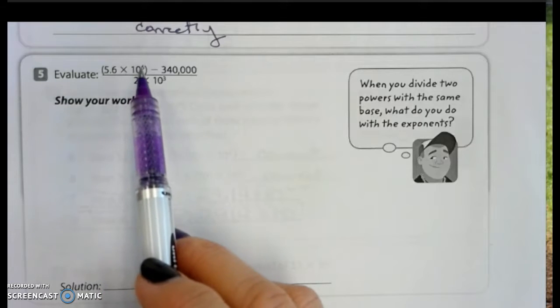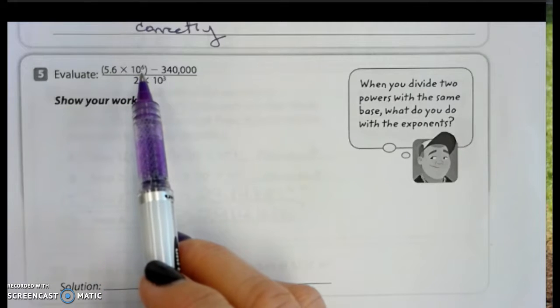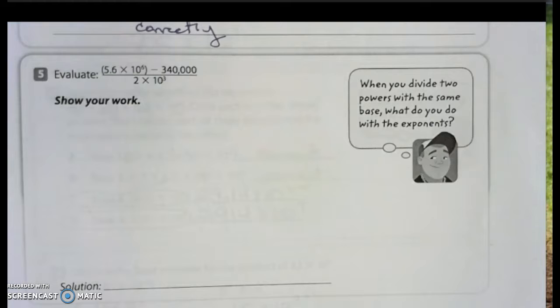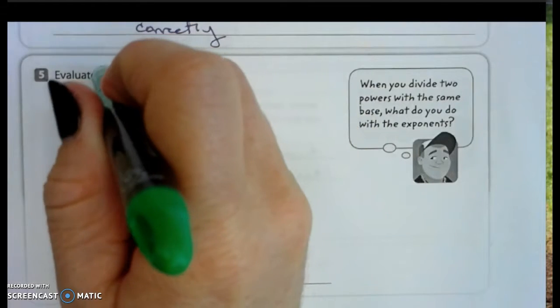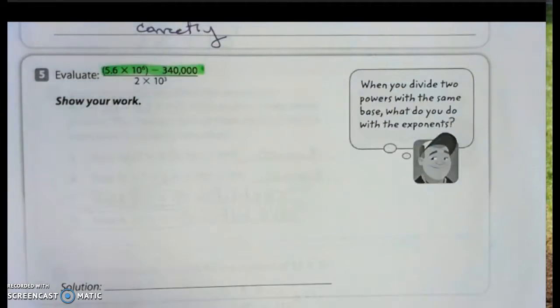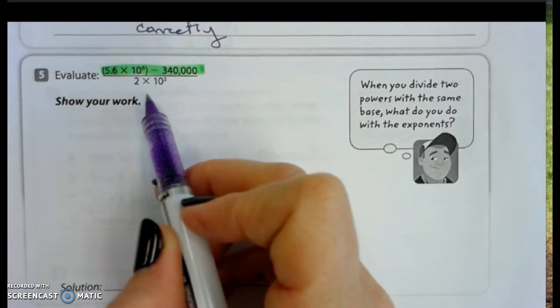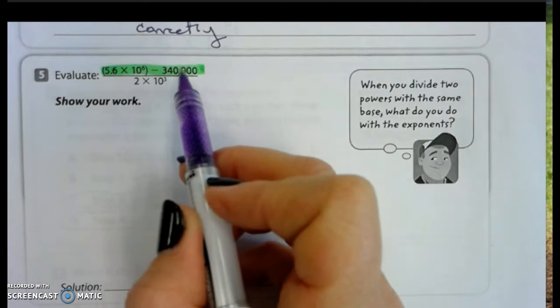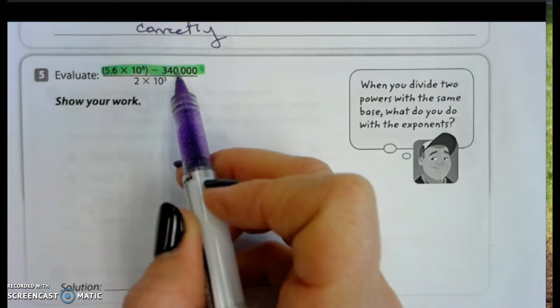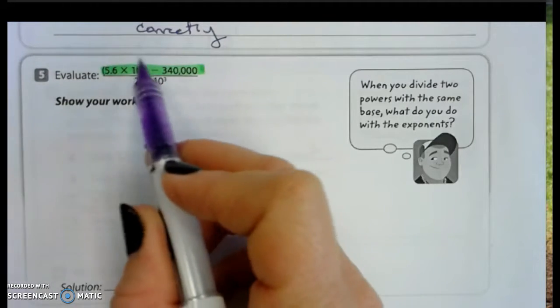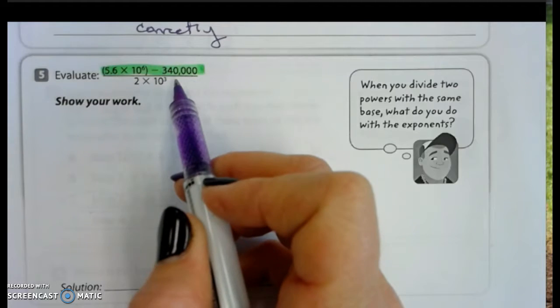Now, there is another form of grouping that I hope you're aware of, and that is if you have more than one thing happening in one side of a fraction, those numbers are grouped. They're trapped together. We can't divide one number by 2 times 10 to the 3rd. We have to divide both numbers. And the easiest way to accomplish that is to combine the numerator first and then divide.